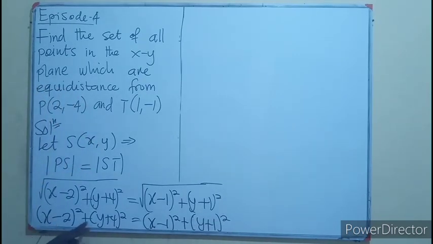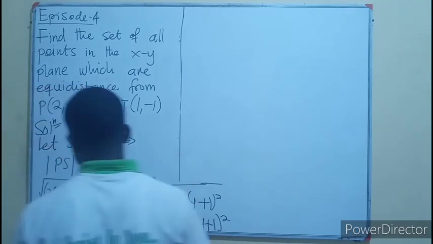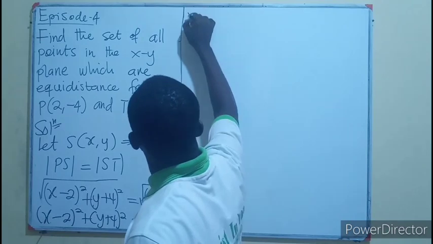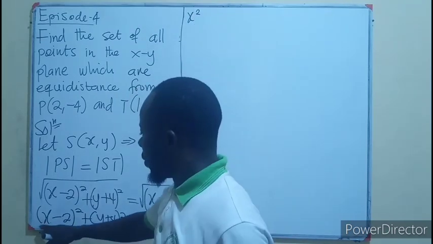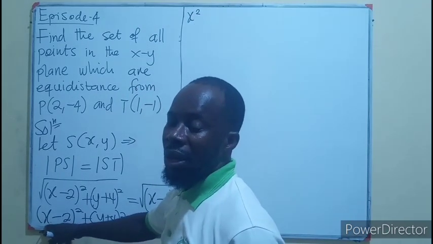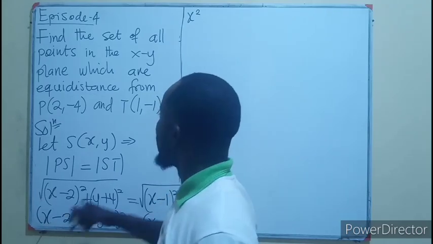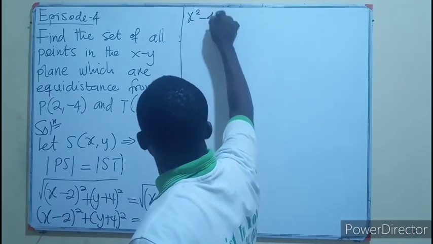So we need to expand each of the brackets. This is an algebra of binomial expansion. So we square the first term, that will be x squared. The product of these two will be minus 2x, twice of that becomes minus 4x.